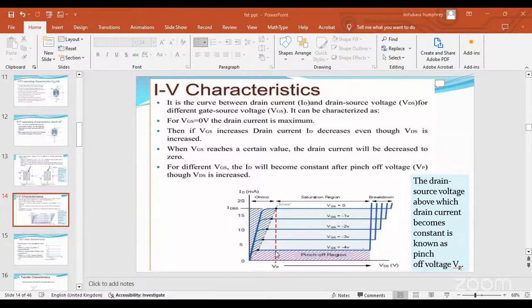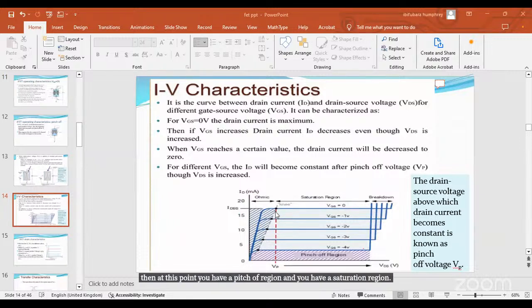Then at this point, you have a pinch-off region and you have a saturation region. So the pinch-off region is the point where the current remains steady, constant. The point where the current becomes constant directly down to the voltage bar. That is where you have a VP, and then the current remains constant.